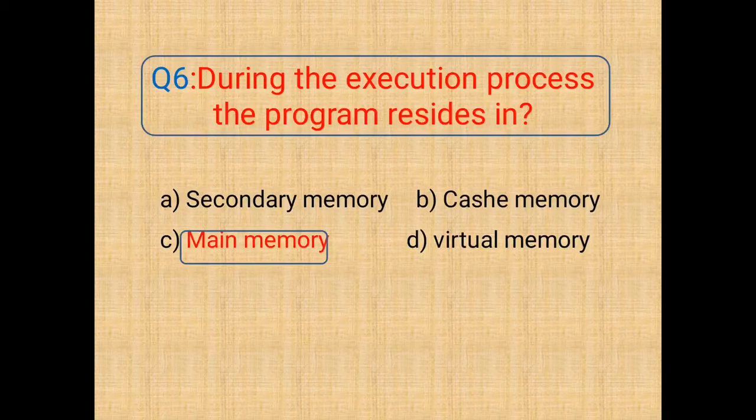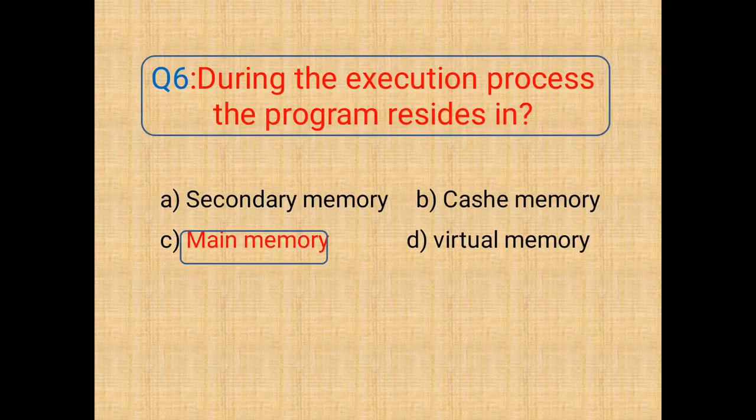Question number 6. During the execution process, the program resides in option A, secondary memory, option B, cache memory, option C, main memory, option D, virtual memory.